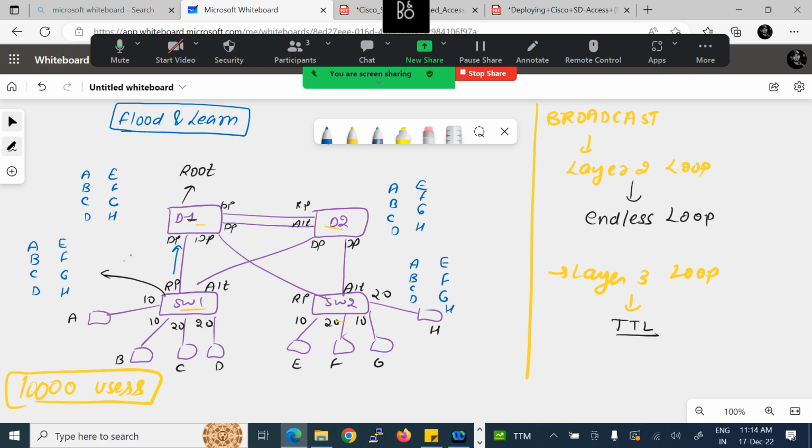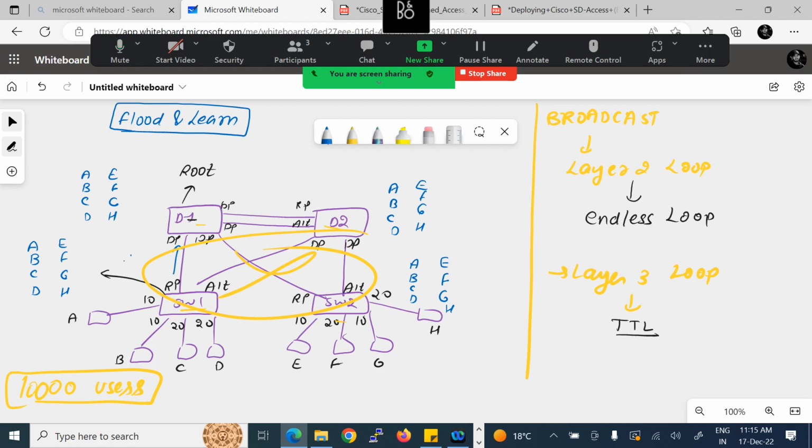In SDA fabric, we are not using layer 2. You will say, okay, if you remove the layer 2 concept, the VLAN concept will also be removed, right?